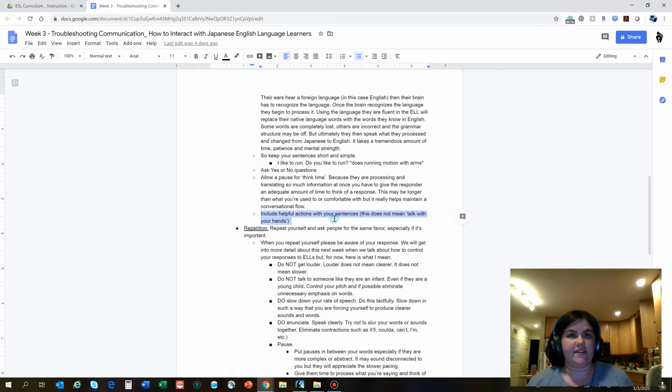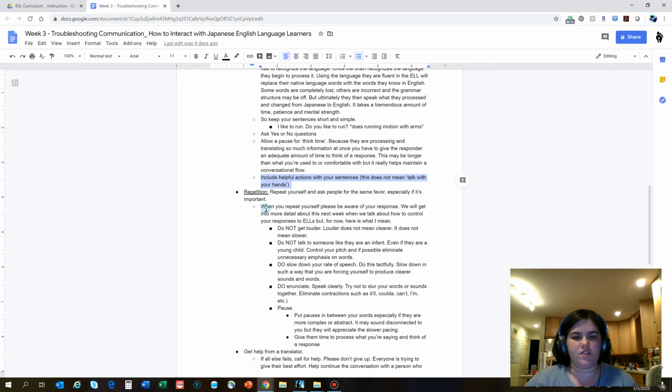If you keep asking a second grader if they like to run and they're just staring at you with a blank face because they don't understand, it might be helpful to make a running motion and ask them, do you like to run? So using those kinds of actions that are helpful with your sentences will encourage them to respond to you as well.